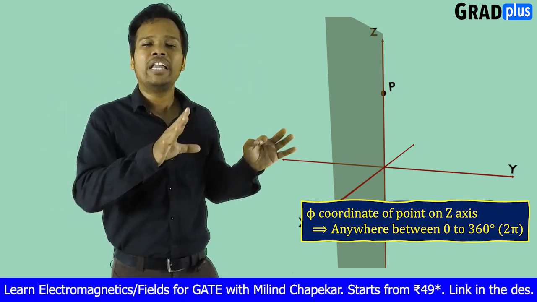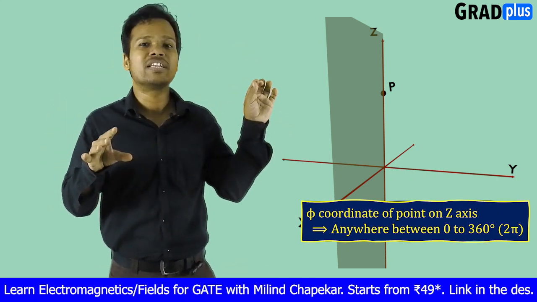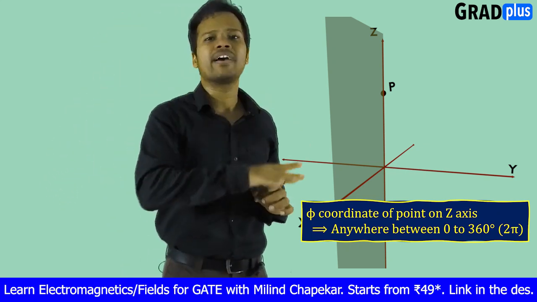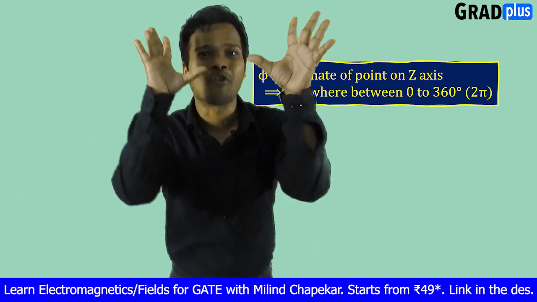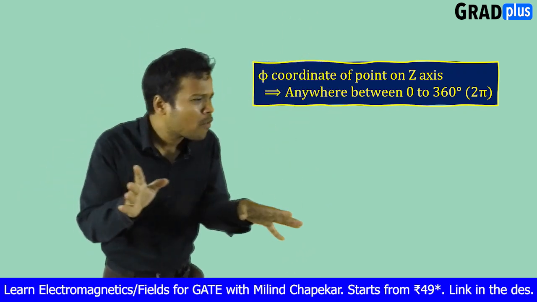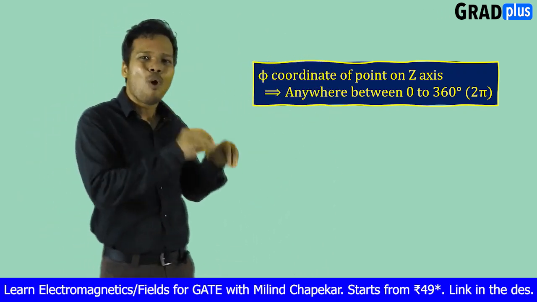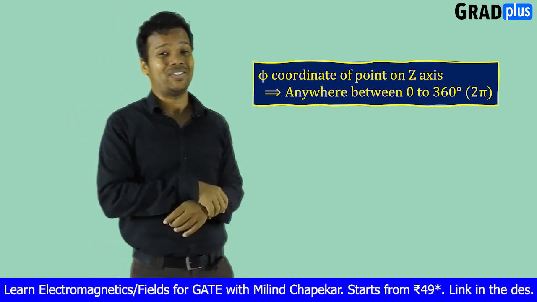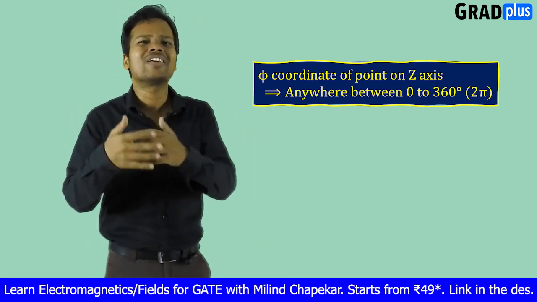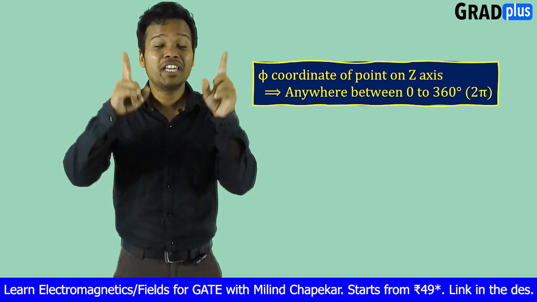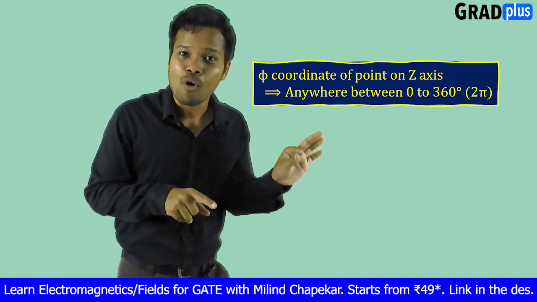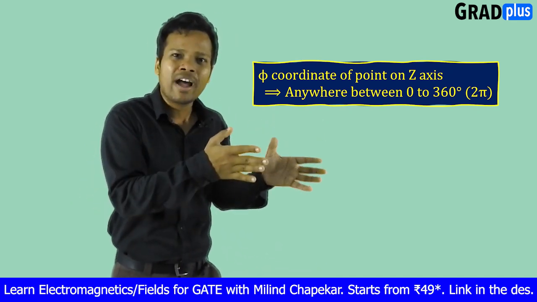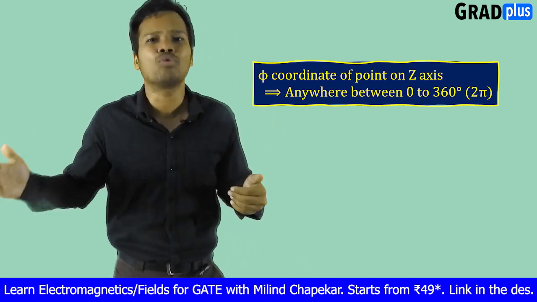The phi coordinate of the point present on the z-axis can be anywhere between 0 to 2 pi, and my dear, here is the tip for you. If you encounter such a point present on the z-axis, and if you are working in the cylindrical coordinate system, then you can take phi coordinate anywhere between 0 to 2 pi.